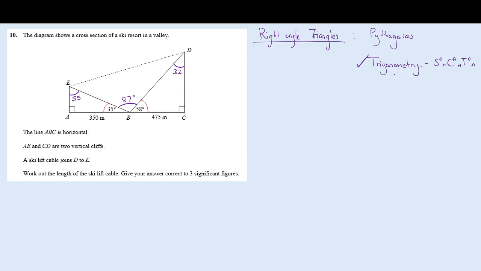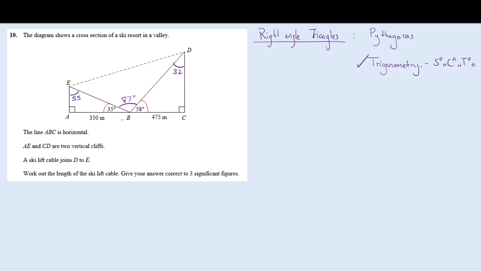That's going to be my port of call for this question. Now, what can I figure out with this? I can either figure out my E to B, or my A to E, or my B to D, and D to C. I can work out any of these sides that I've not been given.